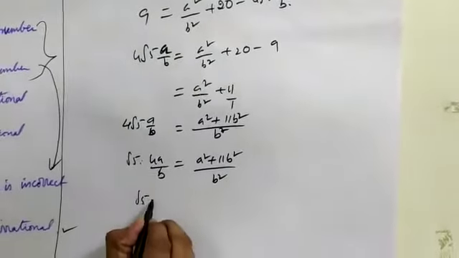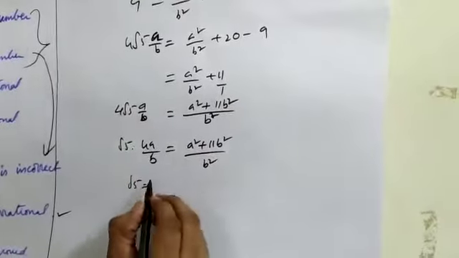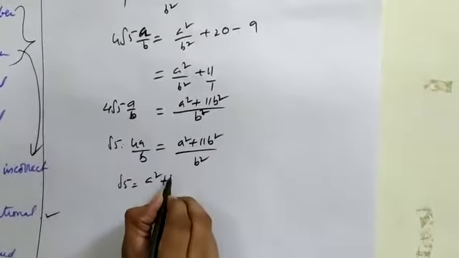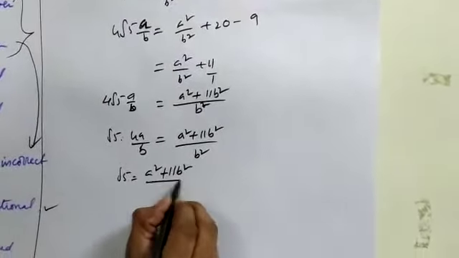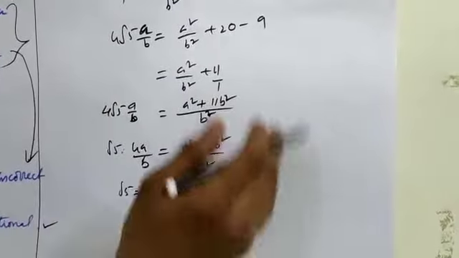Therefore root 5 is equal to a square minus 4 b square divided by b square, with 2a by b transferred to the right side.